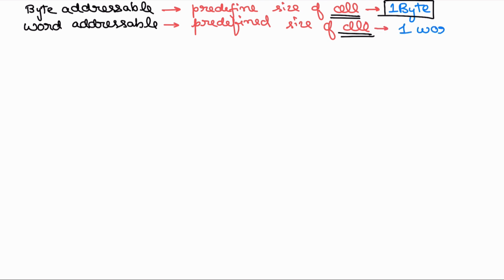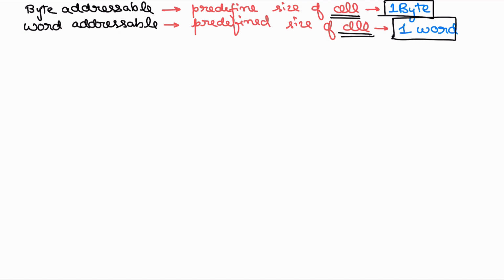So the size of each cell in a word addressable memory will always be 1 word. We have also discussed what a word is. A word is a fixed size data that is considered as a unit by the processor, right? So basically while fetching data from main memory, the processor fetches only 1 unit of data at a time, and that unit of data is called a word.